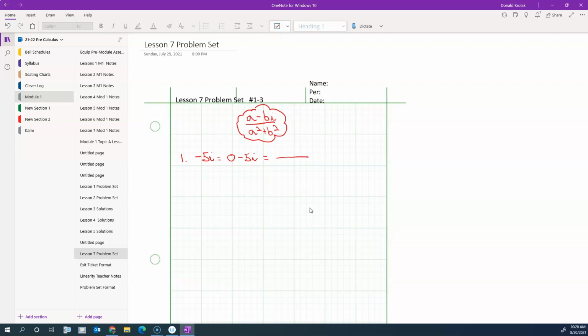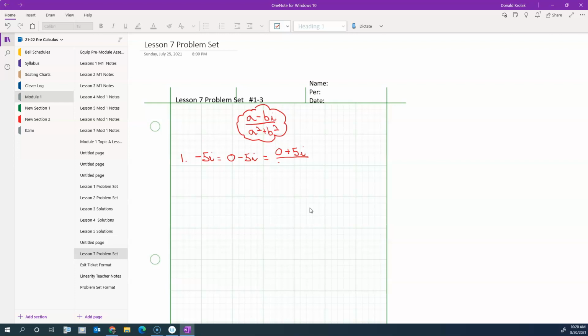Okay, so then what's our conjugate going to be? What's the numerator? 0 plus 5i. Do you see why? You understand why that is? Yeah, it's the opposite. Minus b is the opposite.